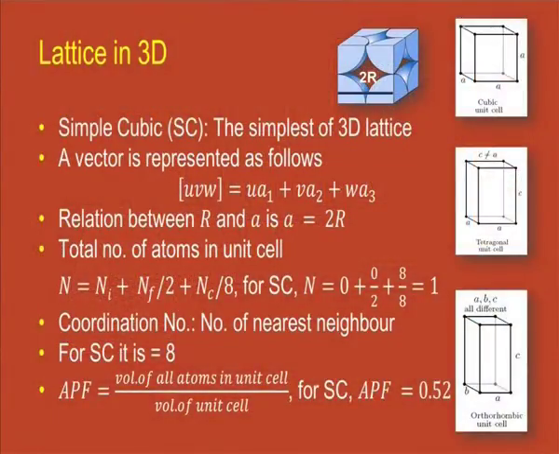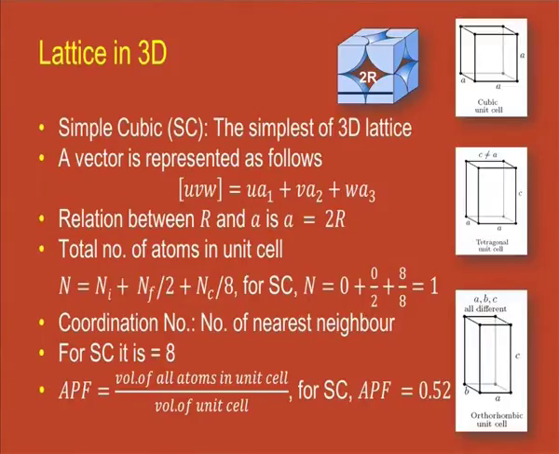Now, if we imagine this simple cubic by filling the corners with hard spheres of radius r, then we can have a relationship between the radius of this sphere and the side length of the cube in the following way, which is a equal to 2r.